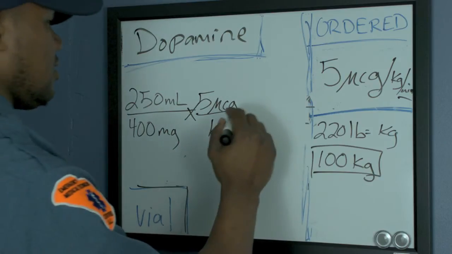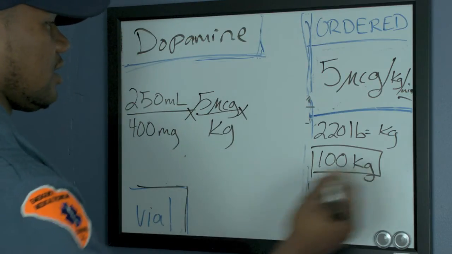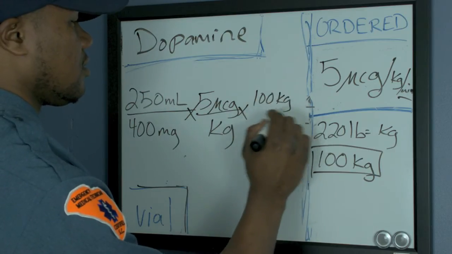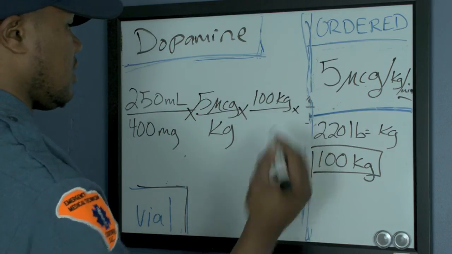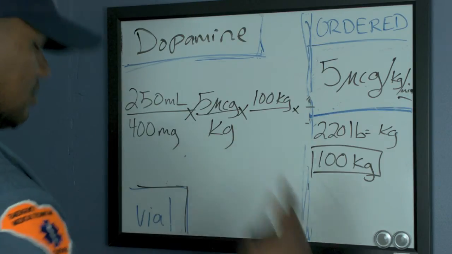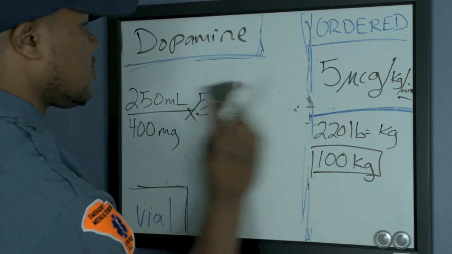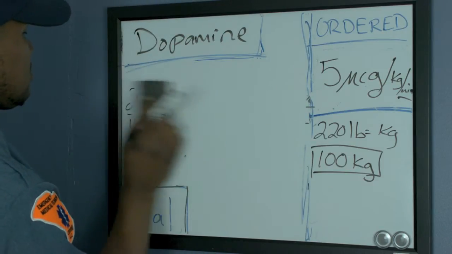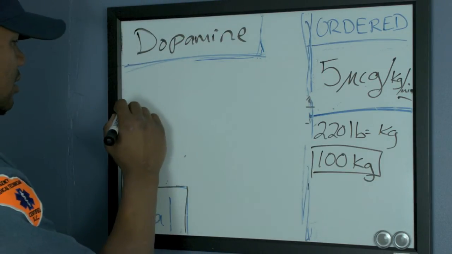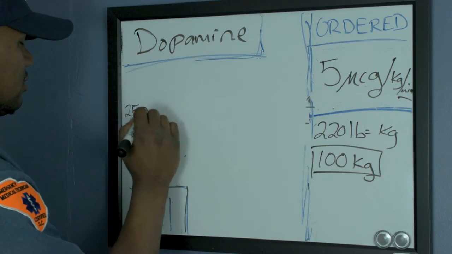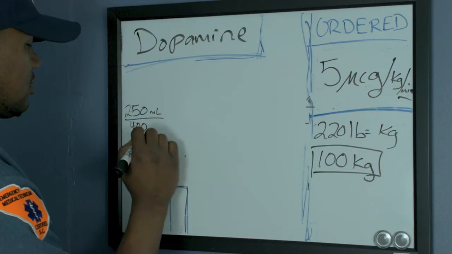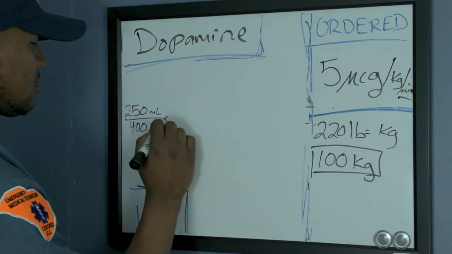Okay? So then, put our kilograms up here. That'll cancel our kilograms out. Right? Okay? And then, let's shrink it down a little bit. Alright? So we got a 250 milliliter bag, 400 milligrams.